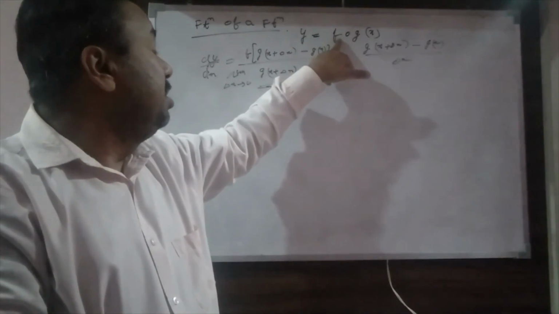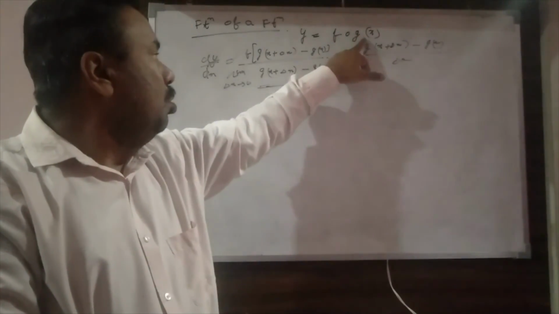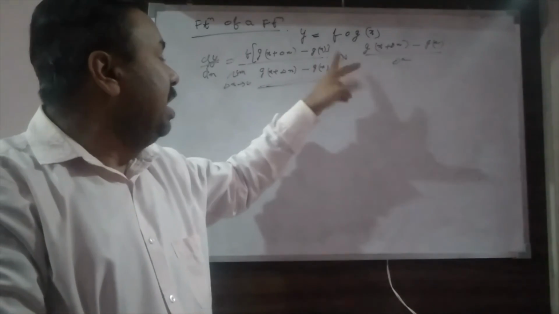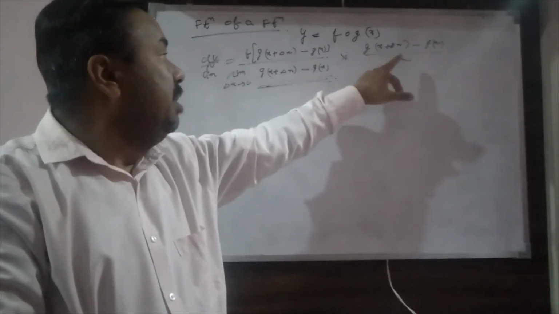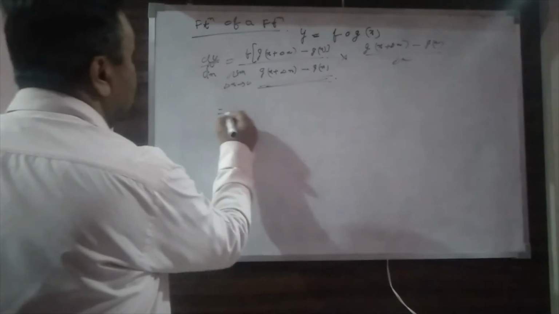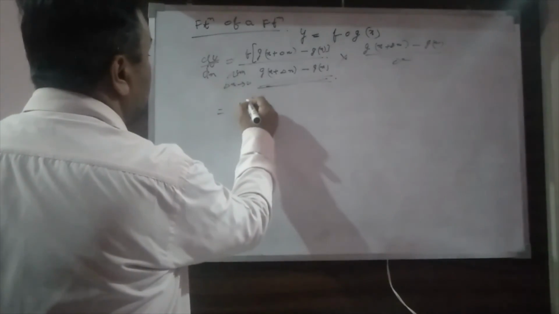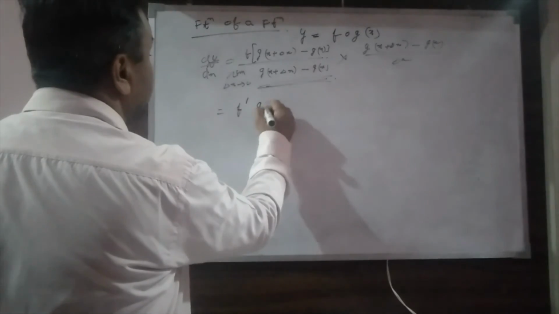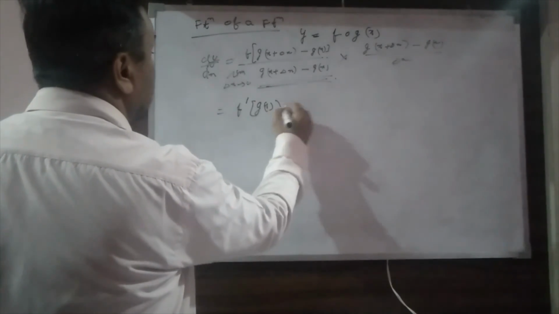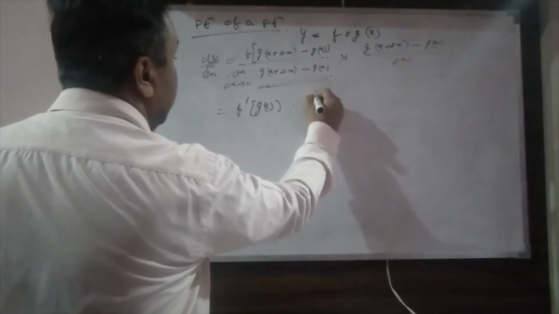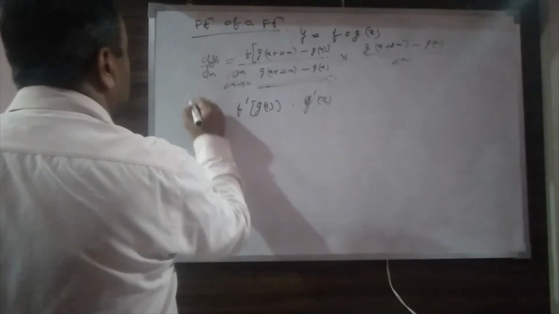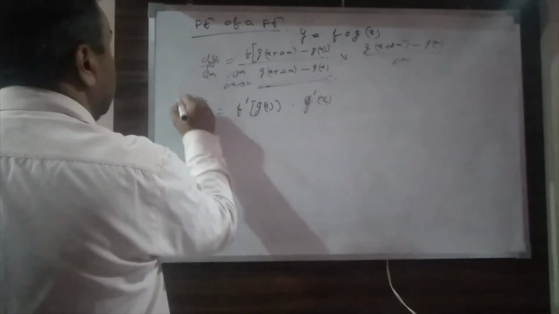So I have differentiated f with respect to gx first, and then multiplied by this, which is what? Differential coefficient of gx. So what I say is f dash of gx multiplied by g dash x, dy by dx.